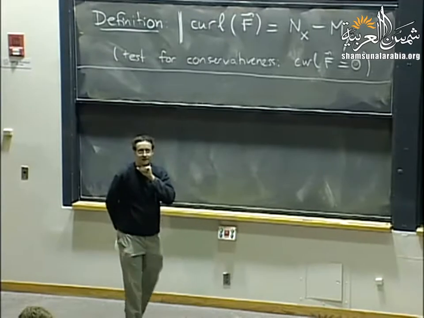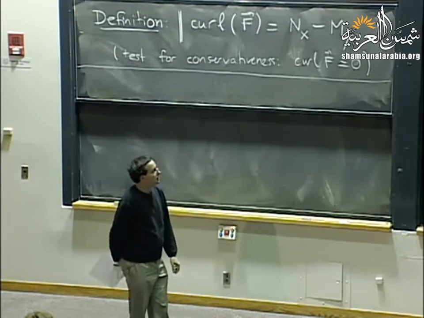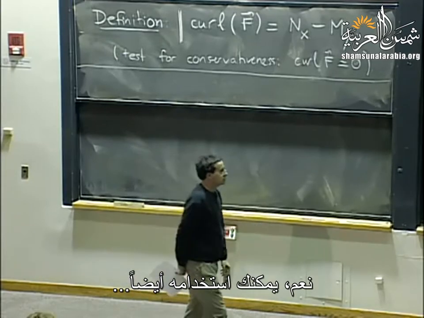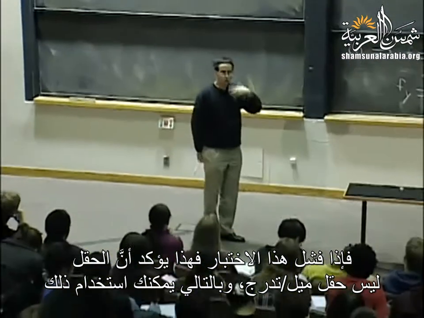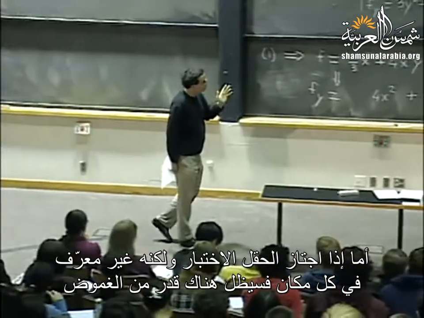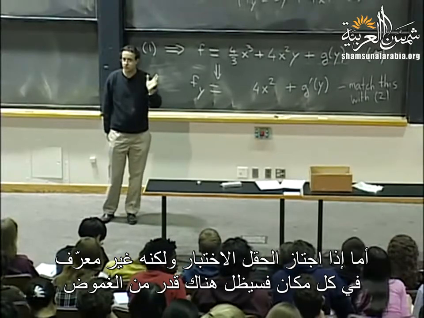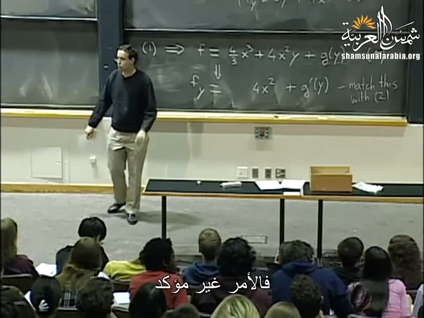Yes? Do you only use this test if the function is defined at all points? Yes, well, you can also use it. If you fail this test, then you know for sure that you're not a gradient field. So you might as well do that. If you satisfy the test, but you're not defined everywhere, then there's still a bit of ambiguity, and you don't know for sure.